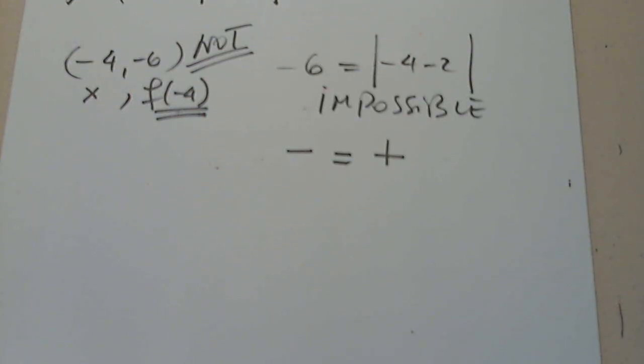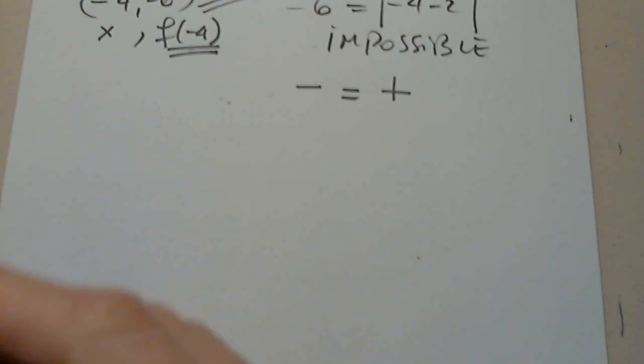Graph this equation using the point plotting method. We are way beyond that. We know how to find the x and y intercepts because this is a linear equation and we graph them many times. So I'm going to skip this. If you have any difficulties with it, then we'll talk about it. Now this is a different story because this is a different function that we have not looked at before.